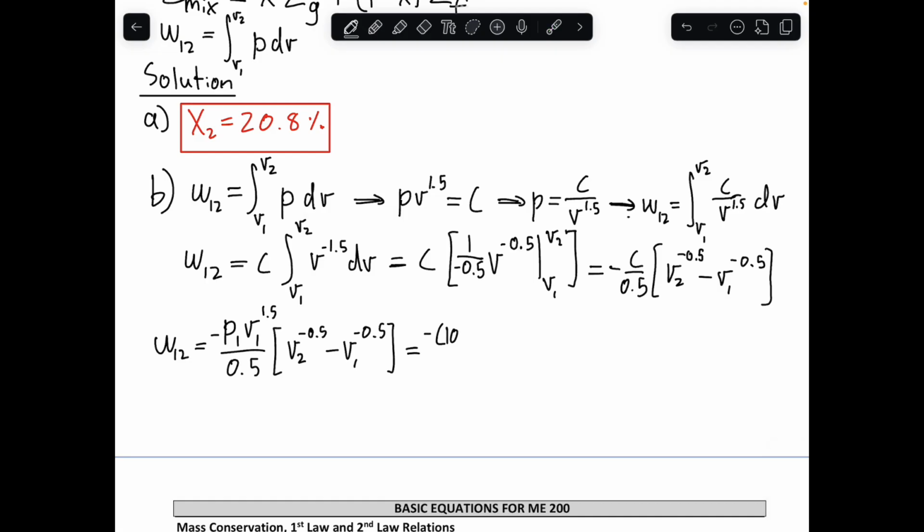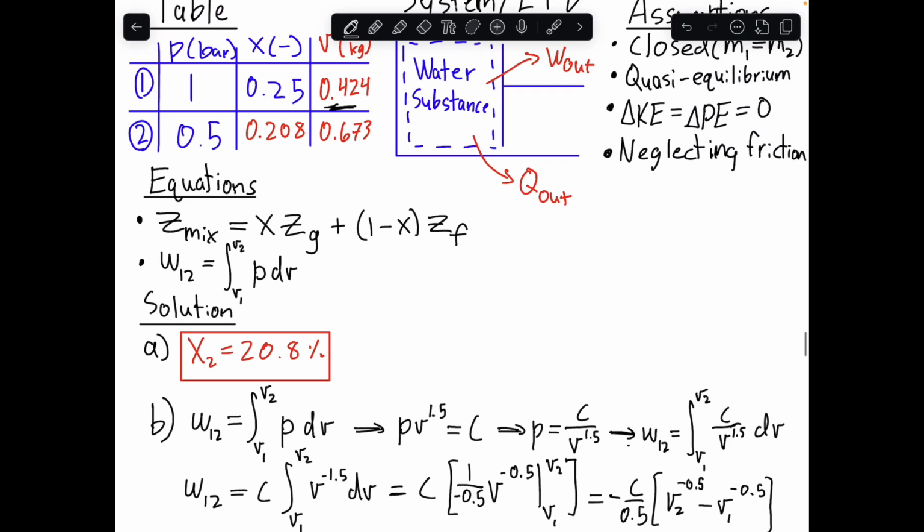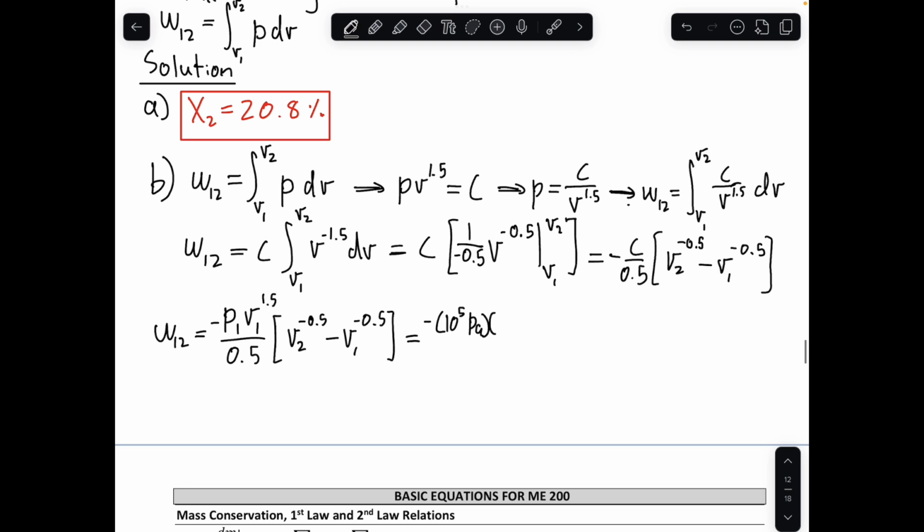So we'll write 10 to the 5 pascals times V1, which is right here, this 0.424 meters cubed per kilogram. That is raised to the 1.5. All this is divided by 0.5.